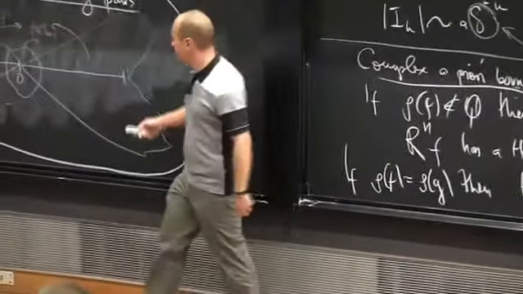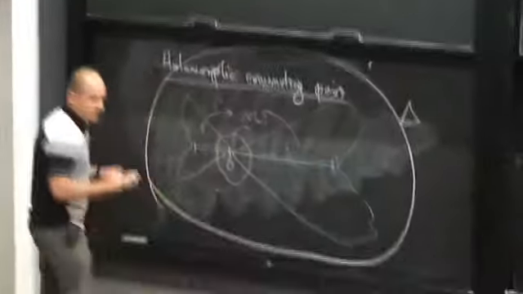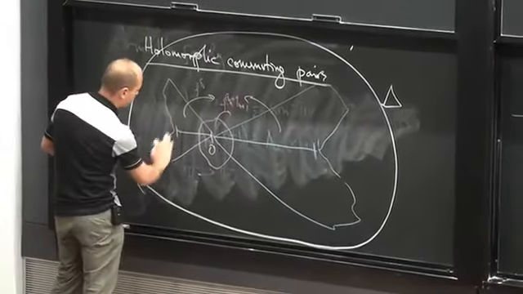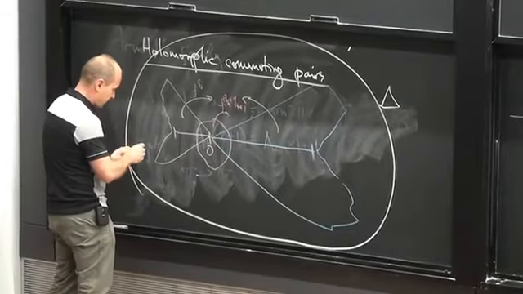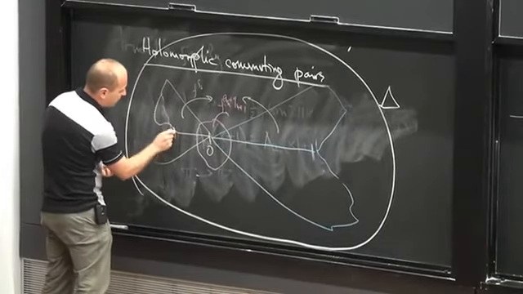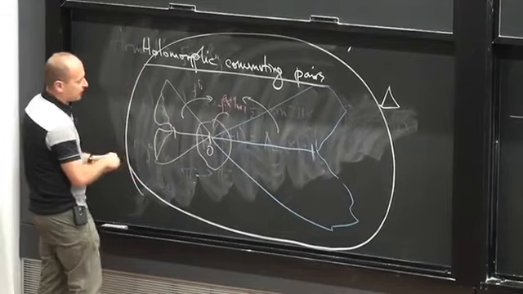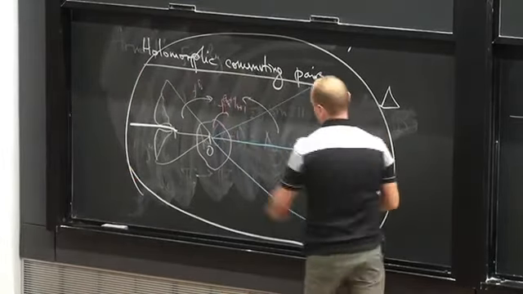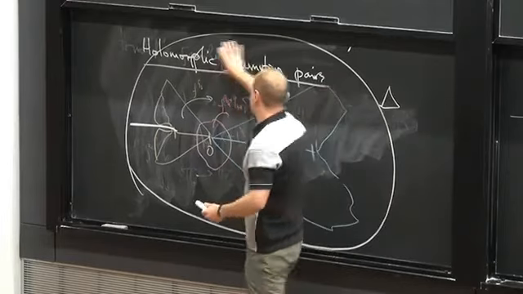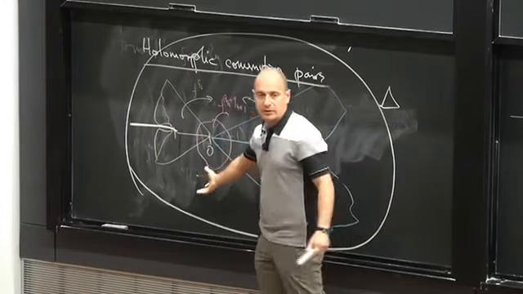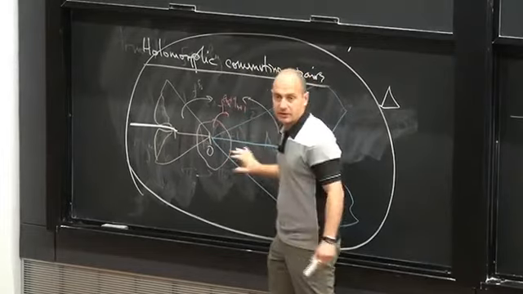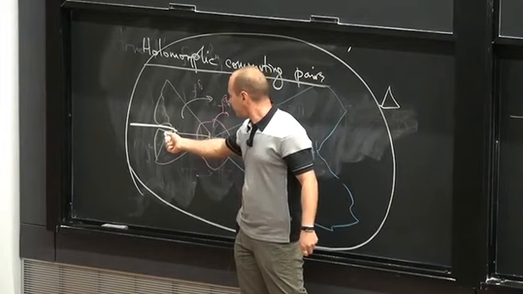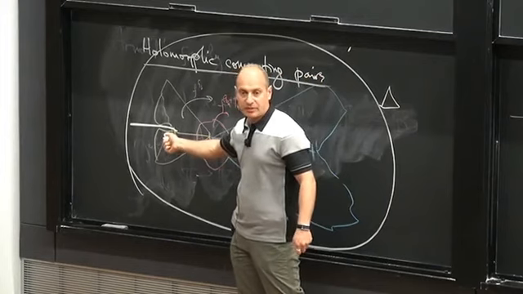There is a difficulty which is worth mentioning, because it's the same kind of difficulty which is going to be a problem in a couple of minutes. If the rotation type is unbounded, then it's not enough to control the geometry of this picture. It's not enough to control the modulus of the complementary annulus, because there is another place where you come close to the boundary of the domain.